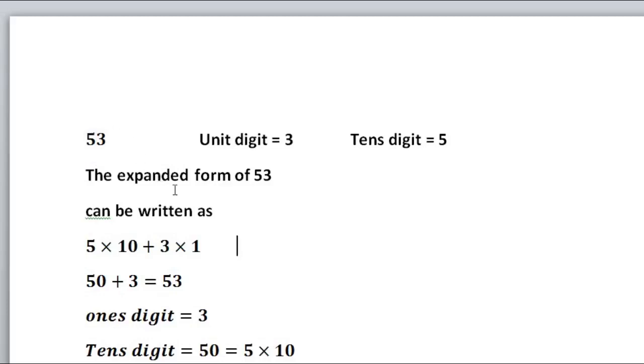Therefore, the original number can be obtained by taking the sum of its tens and ones digits, that is 50 plus 3 equals 53.